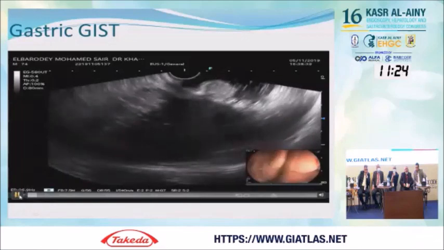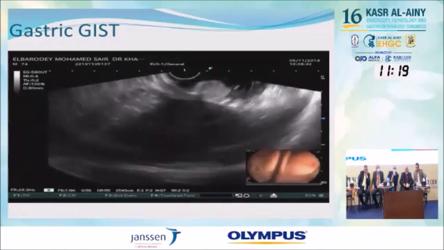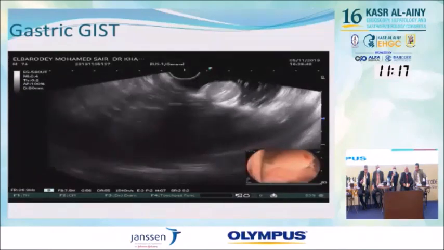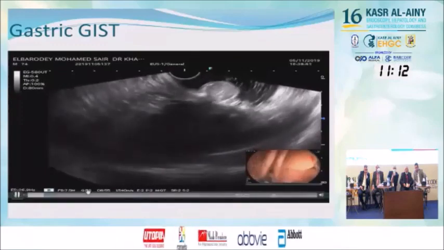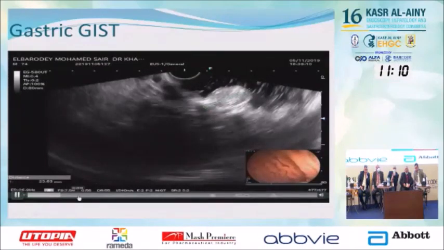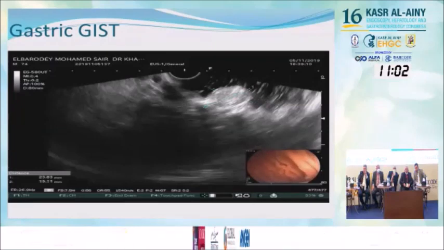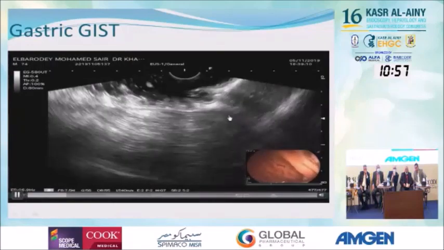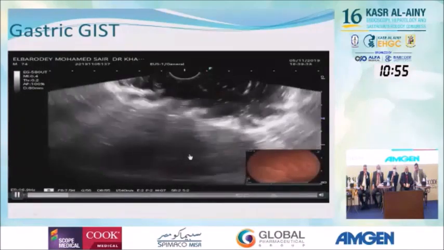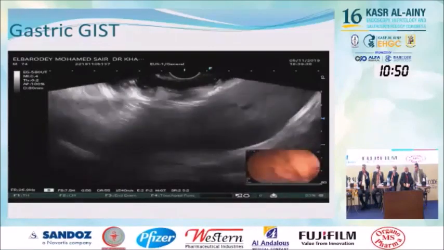This gives a very high impression that this lesion may be a GIST, gastrointestinal stromal tumor, especially since it is in the stomach. Its total size was less than 30 by 20 millimeters. So for me, this lesion will be for follow-up, or we will take a biopsy to confirm the pathology.